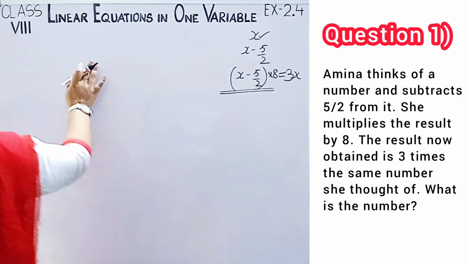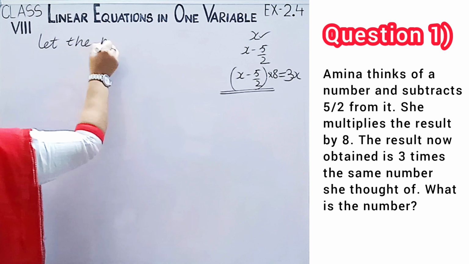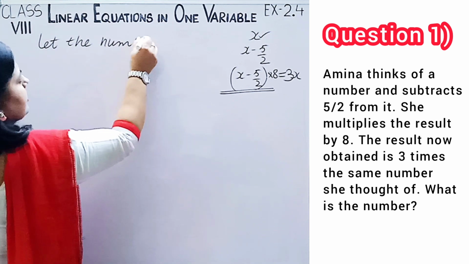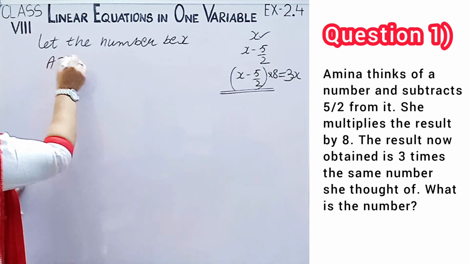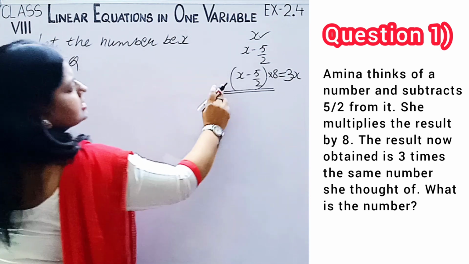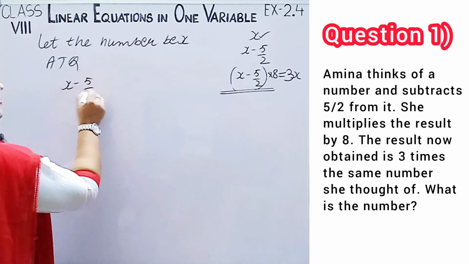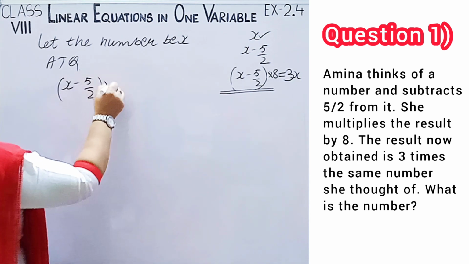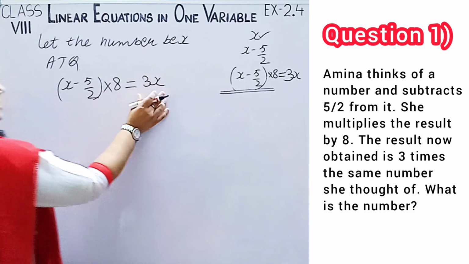Coming to statement part. Let the number be x. According to question, we already got this equation. X minus 5 by 2 into 8 is equal to 3x.